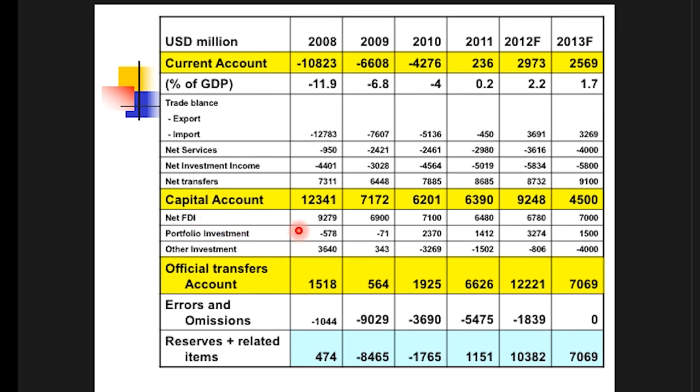But if the item has a negative sign, it means that the inflow of payment for this item is lower than the outflow of payment for this item.